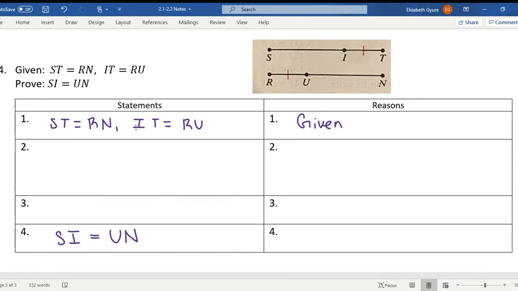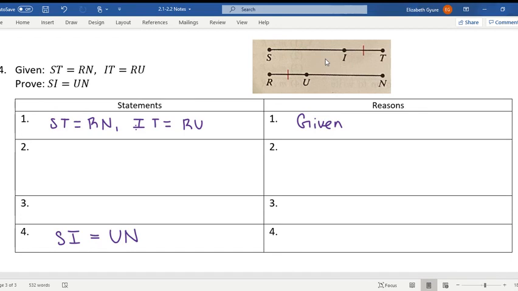So we need to introduce the measure of SI and the measure of UN into our proof. They are not mentioned in our given, so we need to find a way to introduce them. Well, one way you could start to introduce those, and again, there might be more than one good order to do this, so if you think of something different, that's totally fine.